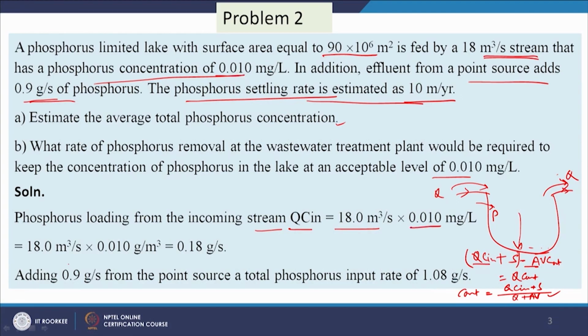So, 0.18 gram per second phosphorus is coming from this stream, and another 0.9 gram per second is coming from the point source. So, the total phosphorus input is 0.9 plus 0.18, that is equal to 1.08 gram per second, as mentioned here.